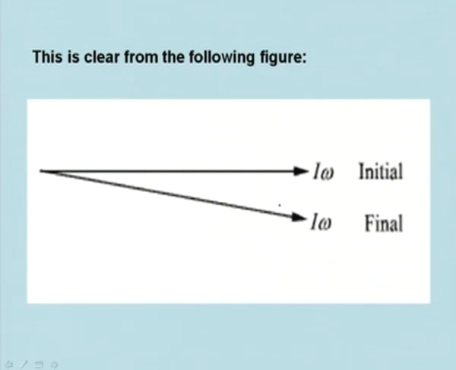This is clear from this figure. Because the spinning rotor has angular momentum, initially I omega like this, and after it has slightly tilted, meaning it started falling, the rotor has moved down, therefore finally it goes like this.